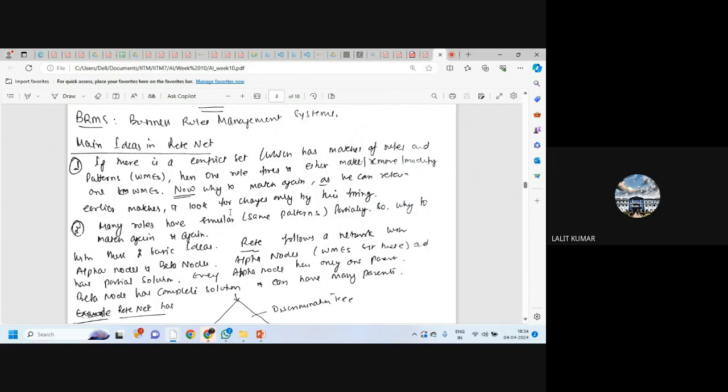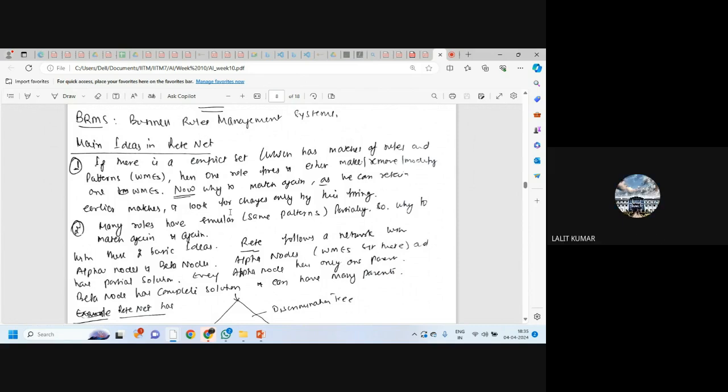So the second basic intuition behind Rete was that when some rules have common patterns, why match again and again in those rules? Can I store those results somewhere and use them again and again? Is that clear? Suraj? Yes, clear. Okay, it's clear.